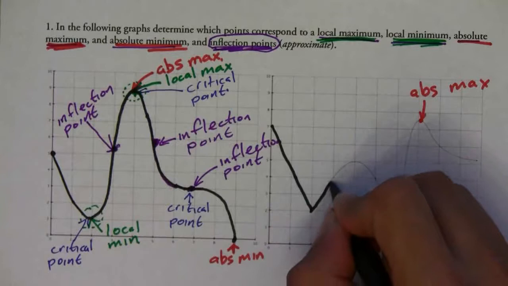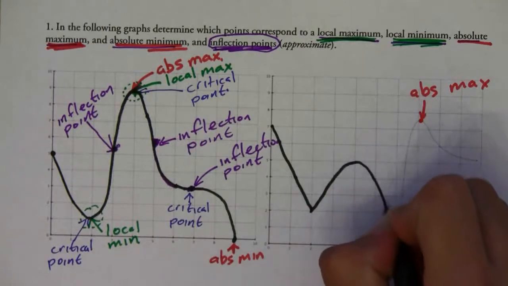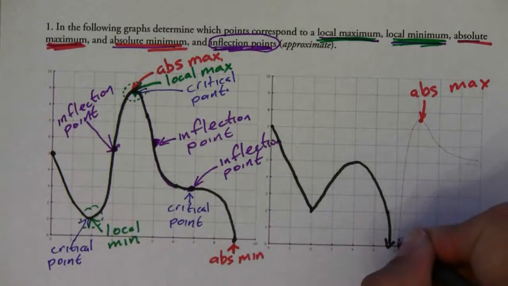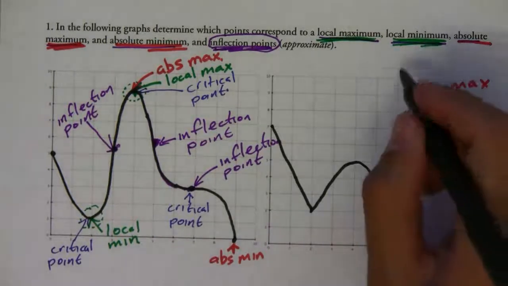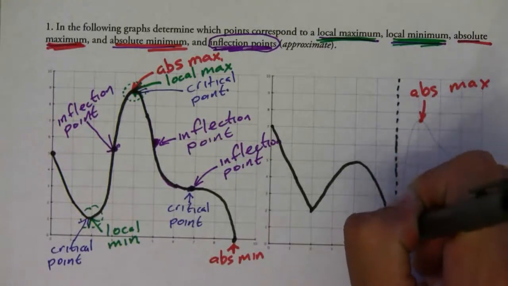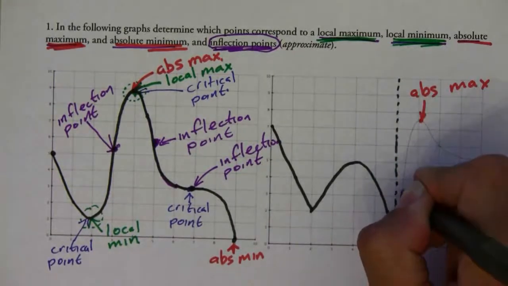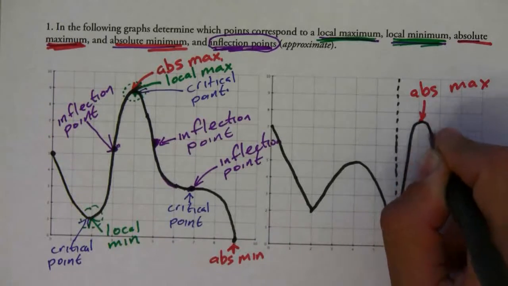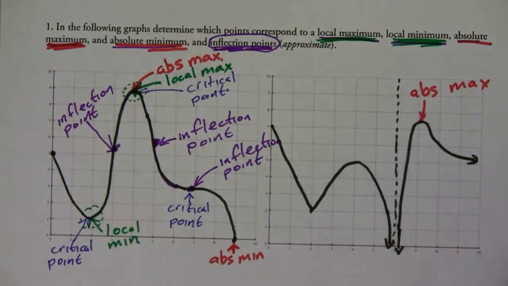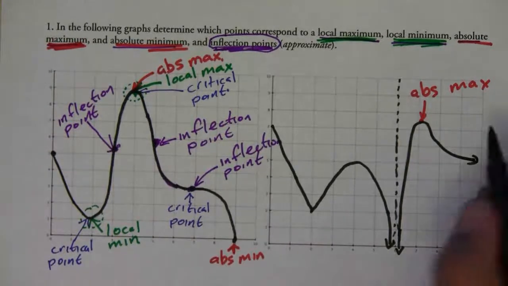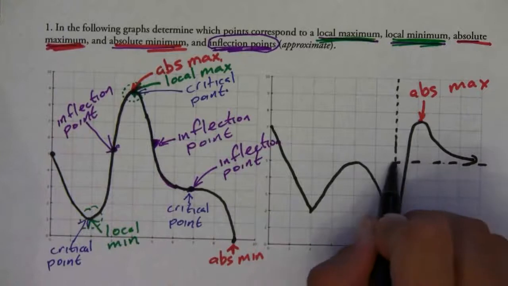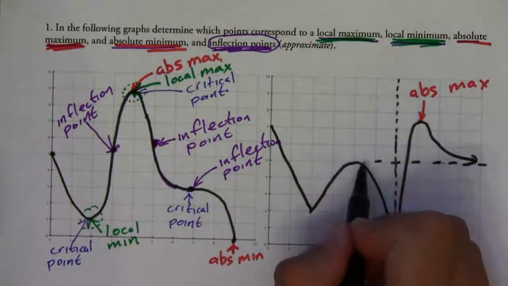This is a sharp edge, and then we have a hump, and this is a vertical asymptote right here. Let me draw the dotted line for the vertical asymptote. And this is a horizontal asymptote. I apologize for the graph, it's not very good.